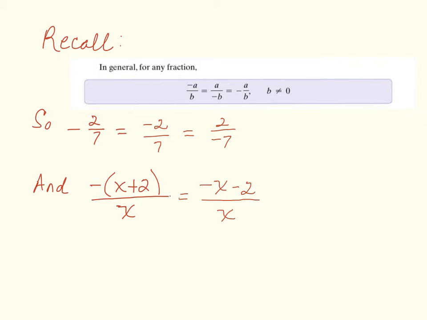I took the negative and distributed it to the whole numerator. Or you can say, well, leave the numerator as it is and bring the negative to the bottom. Look at it. Make sure you understand that they all mean the same thing, just by virtue of the placement of the negative sign.